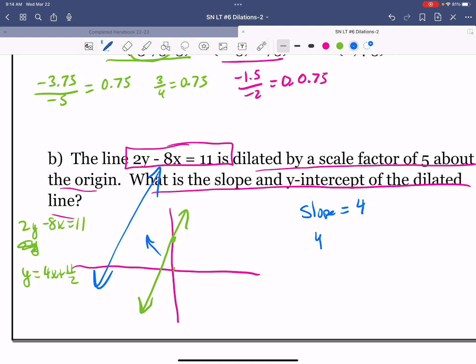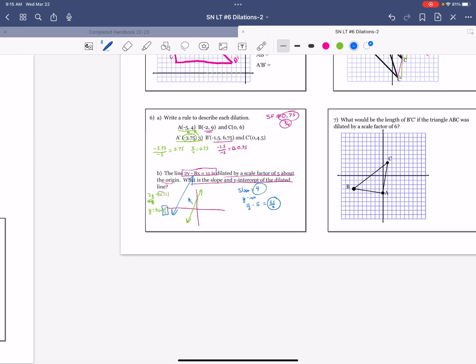And the y-intercept is going to be this y-intercept, 11/2, times 5, because that is our scale factor. So that's a little bit of an extension, more for honors than anyone.